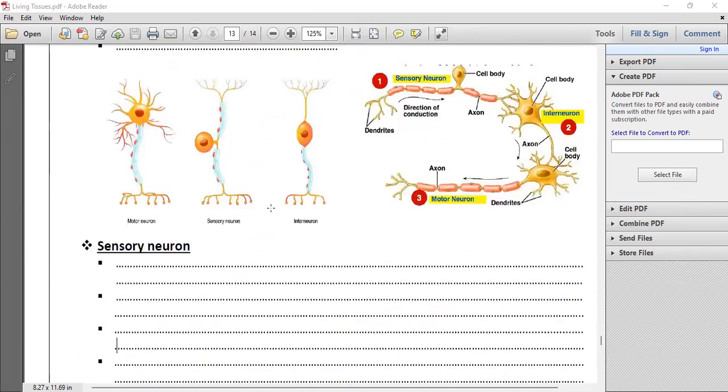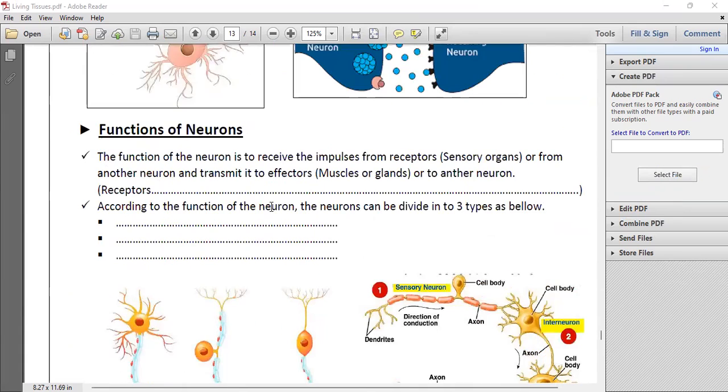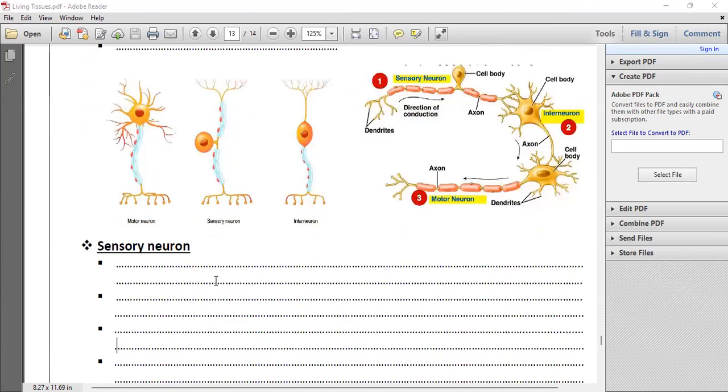Now, obviously, you would understand whenever I say sensory neuron, it should definitely be connected to the sensory organs, right? The dendrites of the sensory neurons are connected to the sensory organs. So when the sensory organs capture some impulses from the external environment, the impulses will be handed over to the sensory neuron, right?